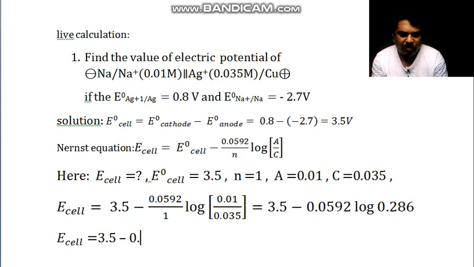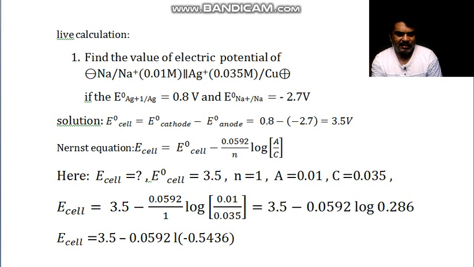So 3.5, 0.0592 remains as it is, and into the log value we calculated, in bracket. My answer comes minus 0.5436.